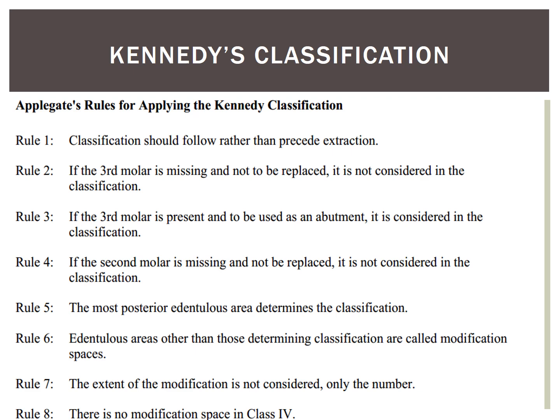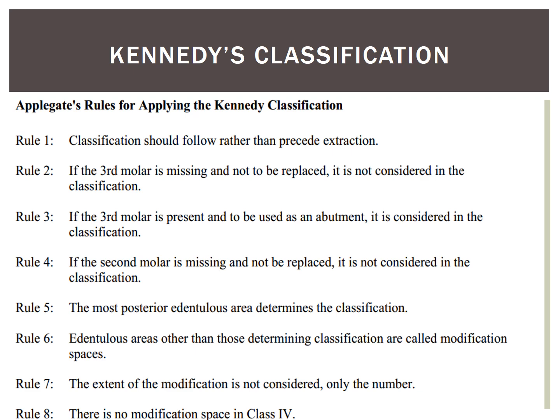And if second molar is missing and not to be replaced, it is not considered in the classification. So when you look at this previous scenario, we have not mentioned anything about whether the patient wants to replace 27 or does not want to replace 27. So it depends on the replacement of 27, which will be your choice, because if he says that I want to replace 27, then the classification is changed.